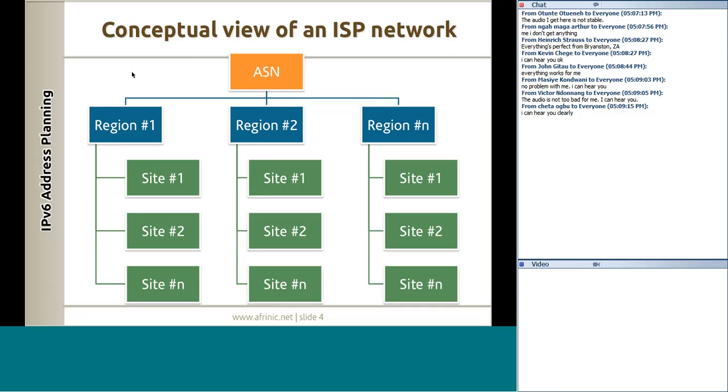And then a region is made up of an aggregation of sites, and the collection of your regions make up your ASN. So that's a conceptual overview of an ISP network, which we are going to use in this framework of IPv6 address planning.